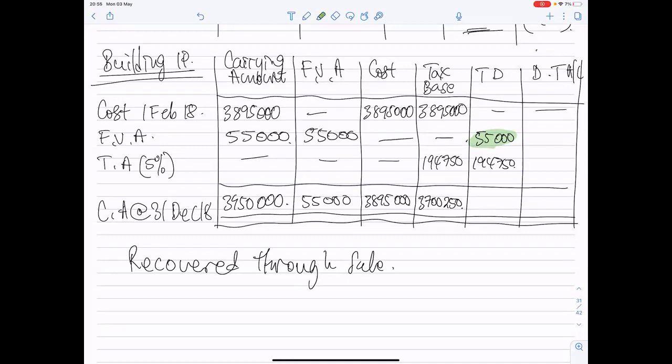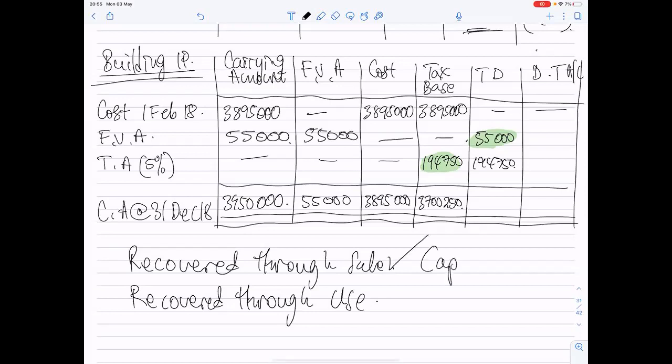Then the 194,750 on the cost of the asset is going to be recovered through use. So the amount that is going to be recovered through sale is going to attract capital gains tax. And the one that is going to be recovered through use will be just the amount by 28%.